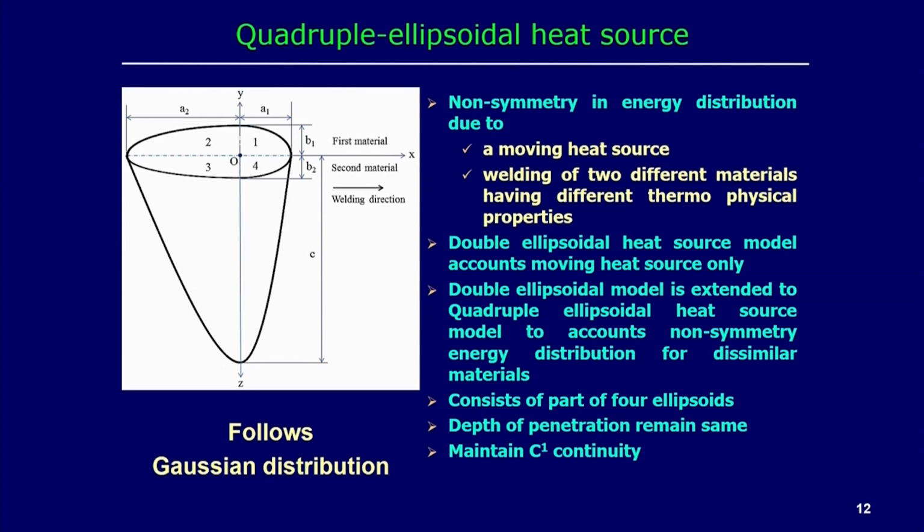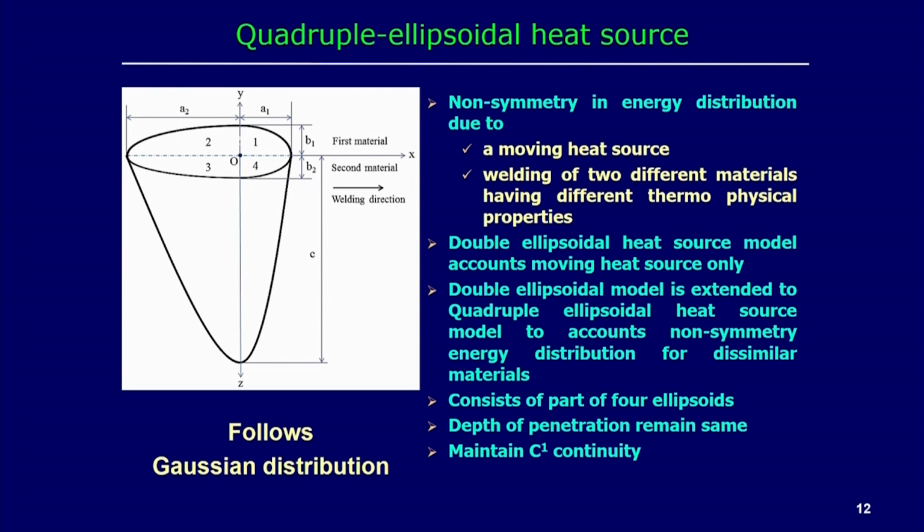So, the non-symmetric energy distribution has one reason, that there are two different materials, and another reason, that there is a moving heat source. When you want to take care of the moving heat source, we can consider the non-symmetry with respect to the y axis, as well as the non-symmetry with respect to the x axis for the two different materials. Then we merge the four parts of the ellipsoids, 1, 2, 3, 4, and make the quadruple ellipsoidal heat source model.